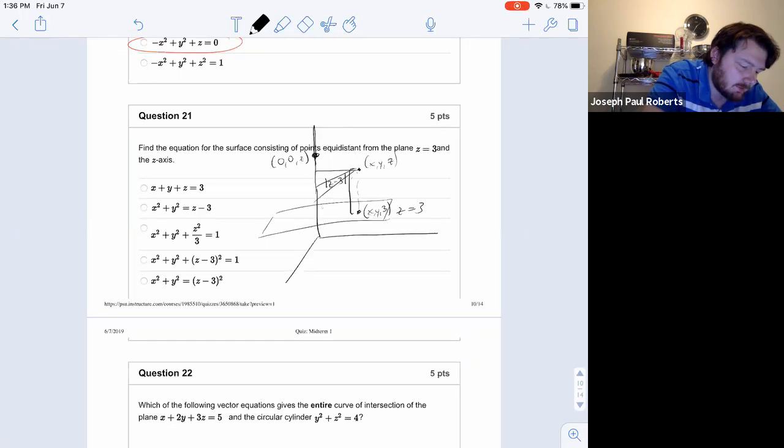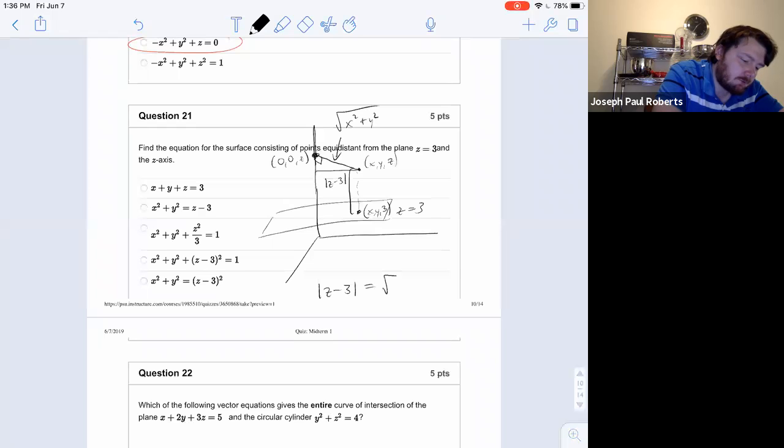And so then you can calculate that this distance, using the distance formula between points, is the square root of x squared plus y squared. So we want points whose distance to the z equals 3 plane is equal to the distance to the z-axis, which then you could square both sides to get this cone equation.